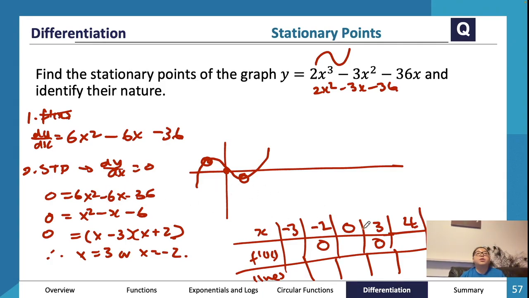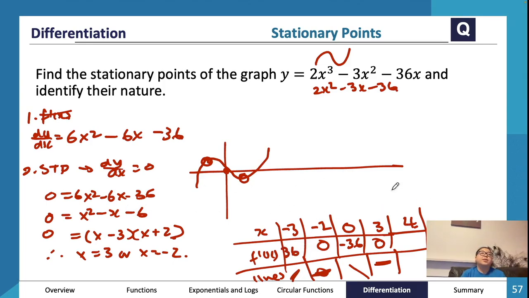So if we sub in 0 here, we'll get negative 36, which is smaller than 0, so it's going to go down. So these are flat lines. And then we'll have negative 3, so that's going to be 9 times 6, so that's 54, plus 18, so that's 72, then minus 36, that's going to be positive 36, so that's going to be up.